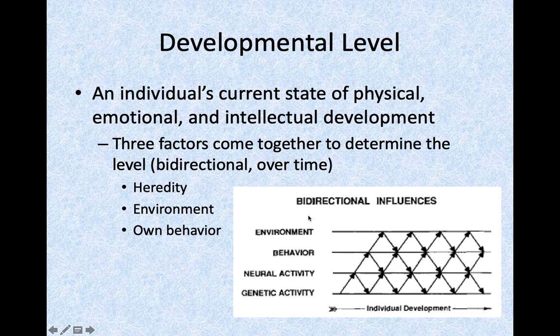So this is a really famous graph on the bottom right here. We have genetic activity that influences your neural activity, that neural activity then influences your behavior, and your behavior then influences the environment. So let's say you have a lot of testosterone, and so therefore you have a lot of energetic activity, which means you're going to be more aggressive, which means that you're going to be a really good football player.